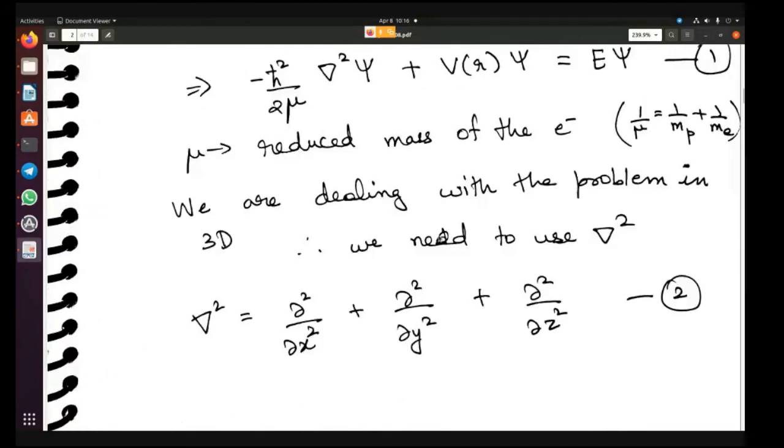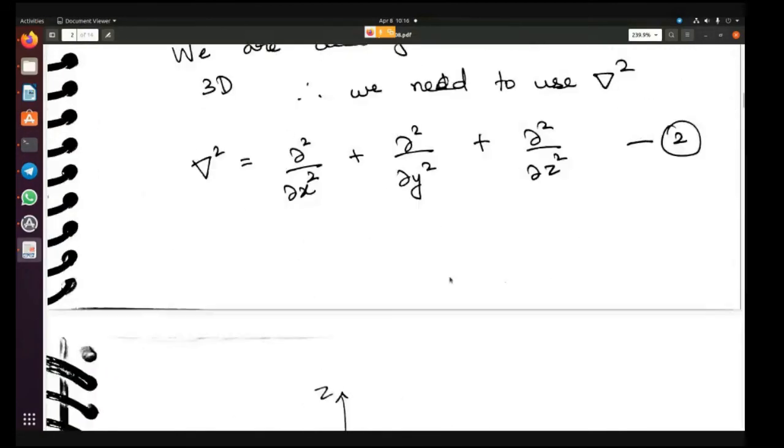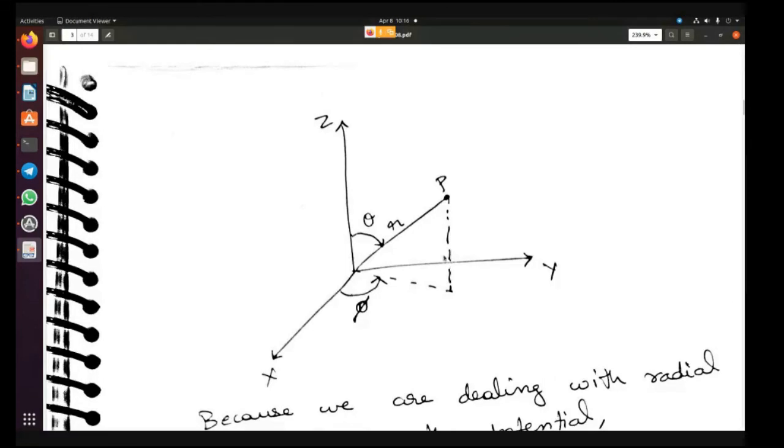All right. So we'll go to the spherical coordinate system, and this is our coordinate system. If this is the origin and this is the point P, let's say our electron is over here, and the distance between the origin and the electron is r. This is the r vector.